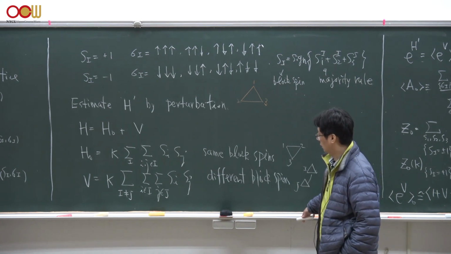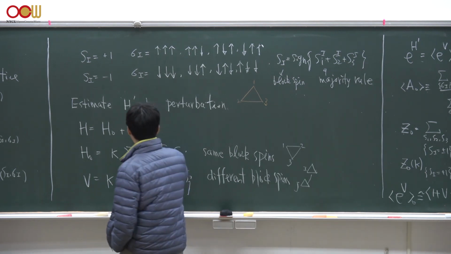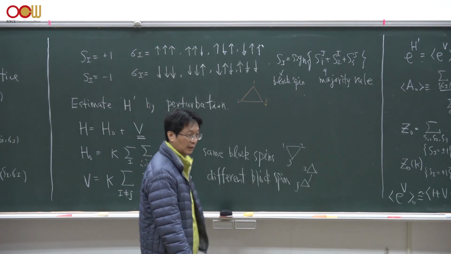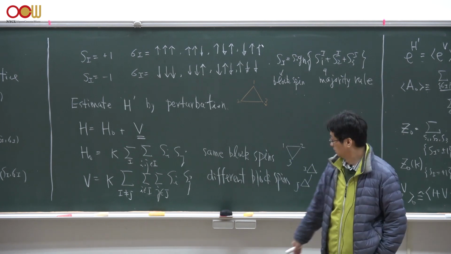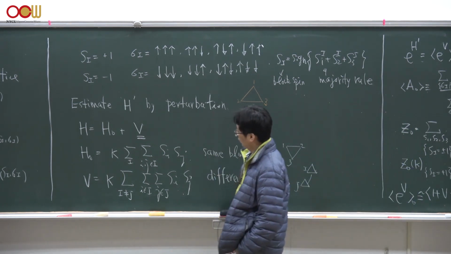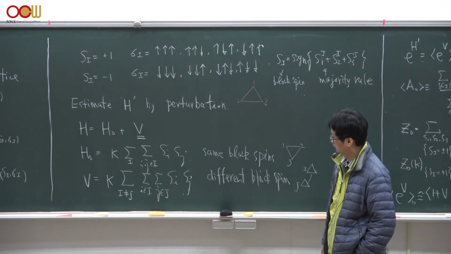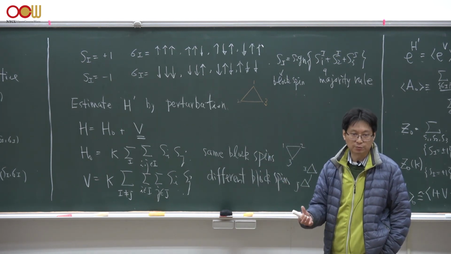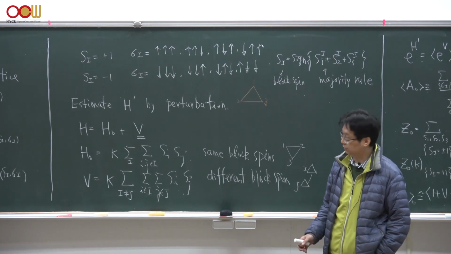And also there's a small perturbation, which we call V. And this V describes the interactions between different blocks. So by doing so, we could decouple the contributions within each block or among different blocks.